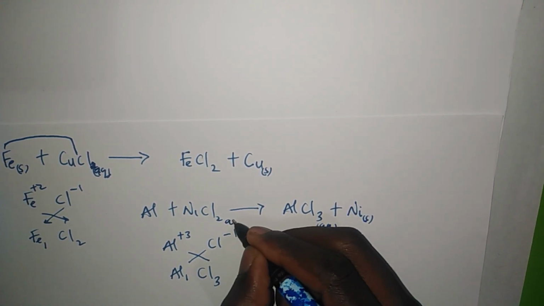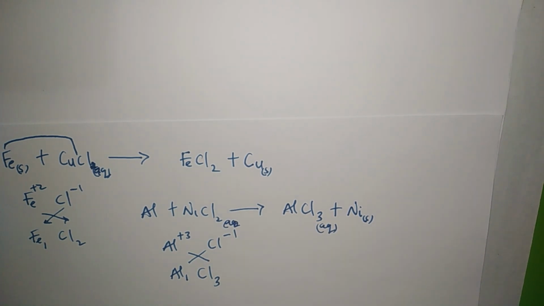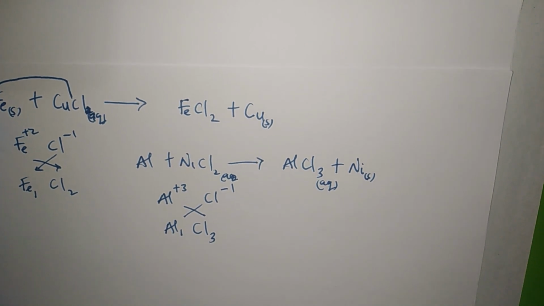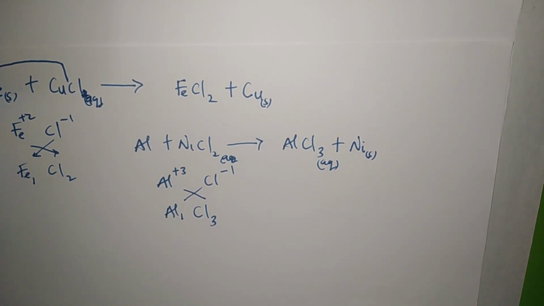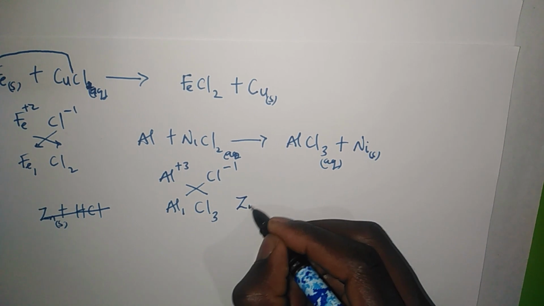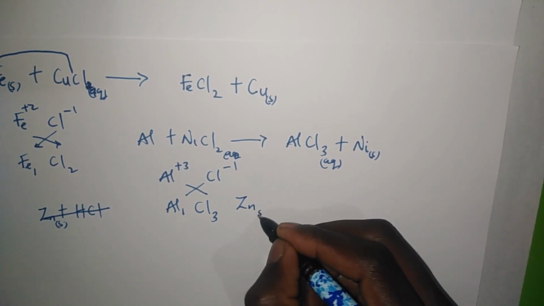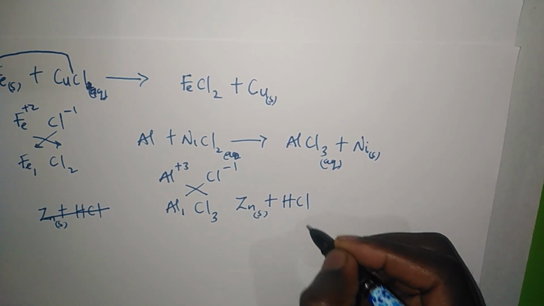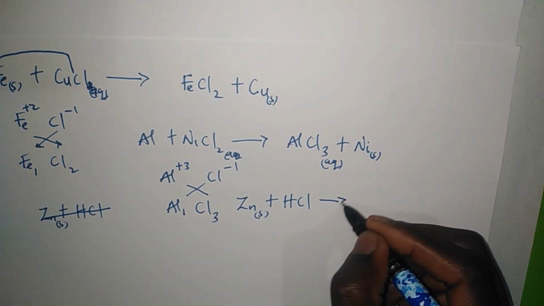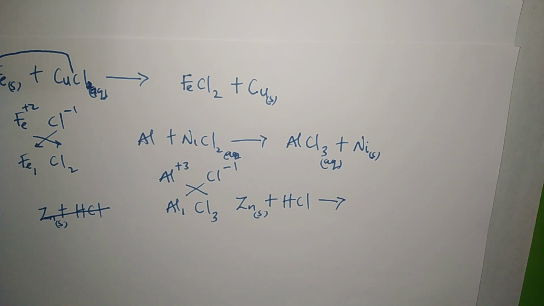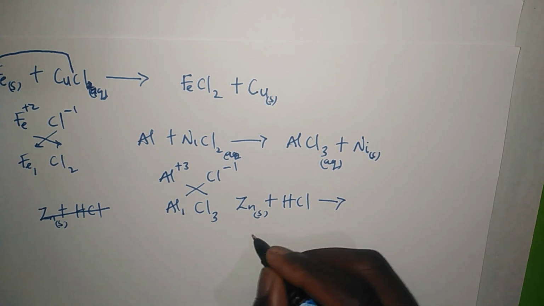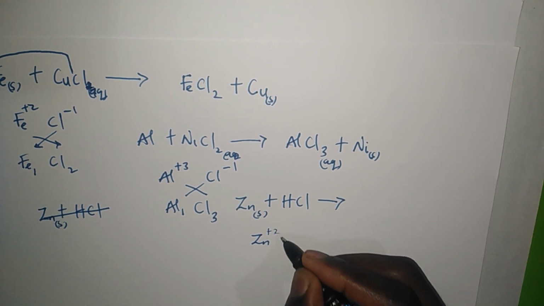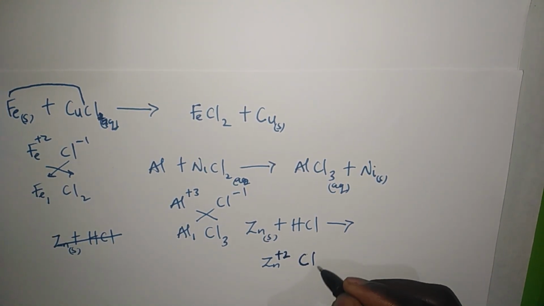Let's take another one. Why I'm not balancing is because we just want to know how to predict it. That is our main focus. So we have zinc solid reacting with HCl. Now, how do you predict the product of this reaction? To do that, we put zinc. Zinc has a +2 charge, and then chlorine has a -1 charge.